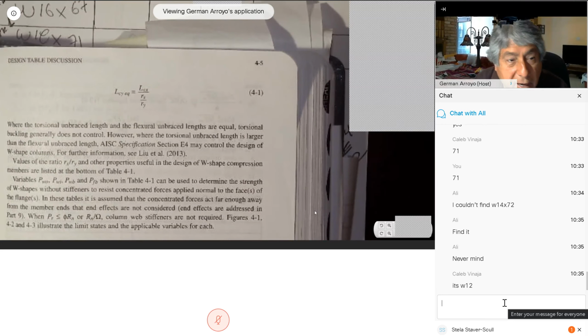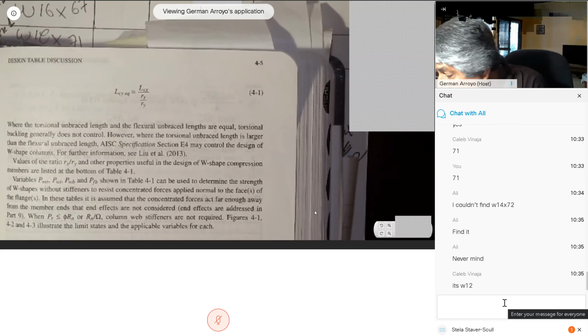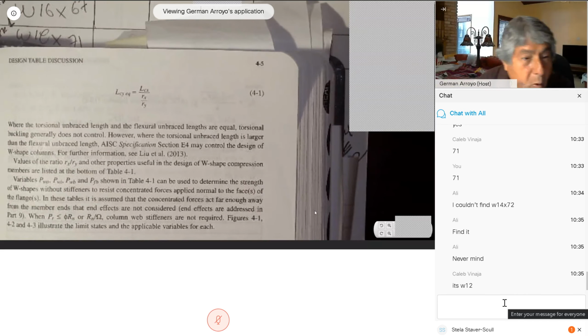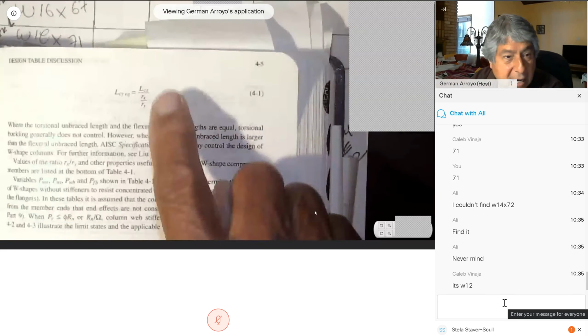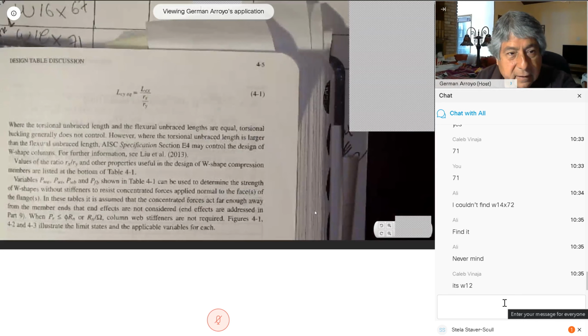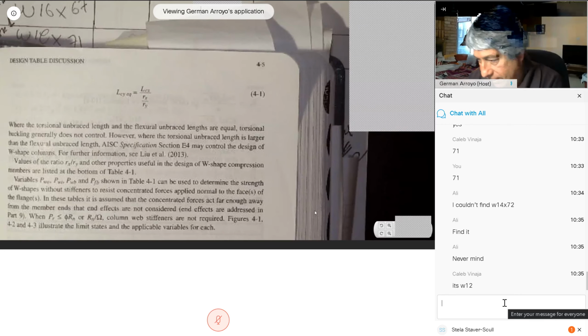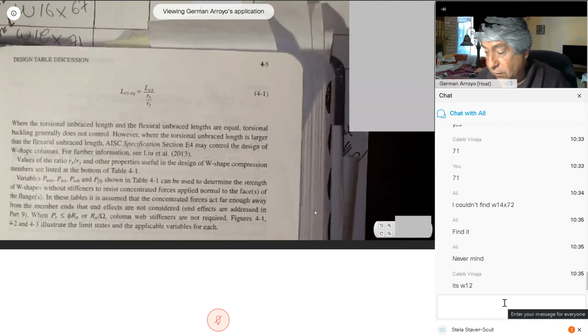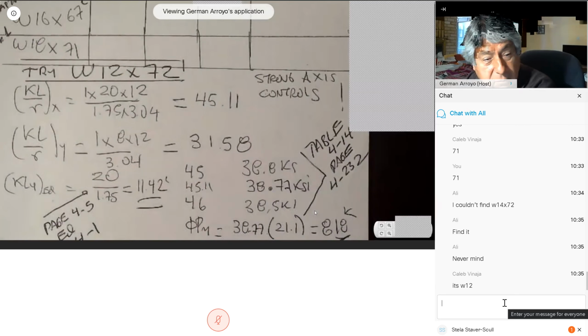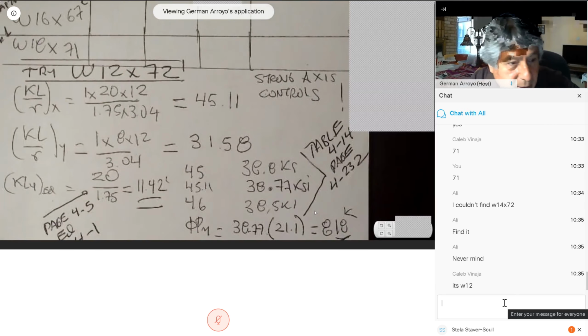You have to find the equivalent Y-axis unbraced length. It uses the X effective length divided by Rx over Ry. This makes the X equivalent to a Y unbraced length. Sometimes it's difficult to understand, but this is what I had done in here.